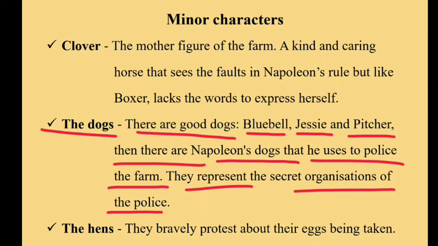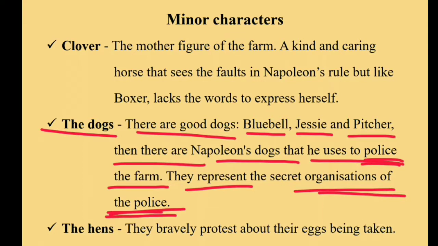So they are represented by these dogs which used to police, which used to be taken for investigation or detective activities by the leaders. Okay, so these represents organization of the police, or you can say detectives, assassins, CIDs, etc.